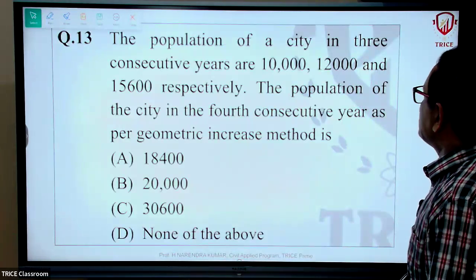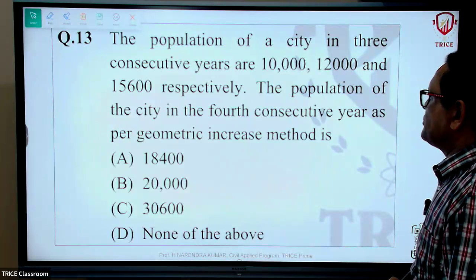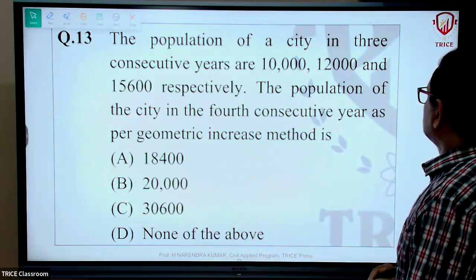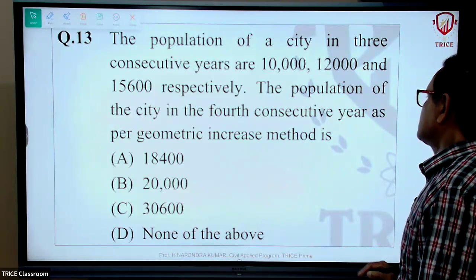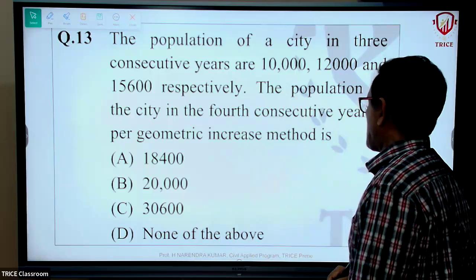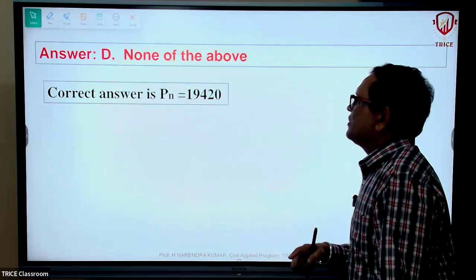Next one: population of a city in 3 consecutive years are 10,000, 12,000, 15,600 respectively. The population of the city in the 4th consecutive year as per the geometrical increase method is, there are 3 options and none of the above. Okay, I solved it. I left the solution for you.